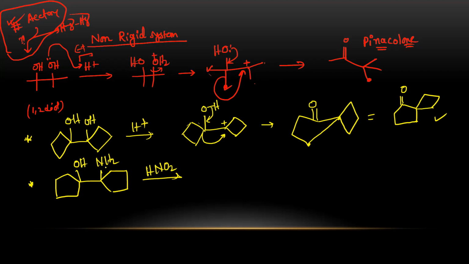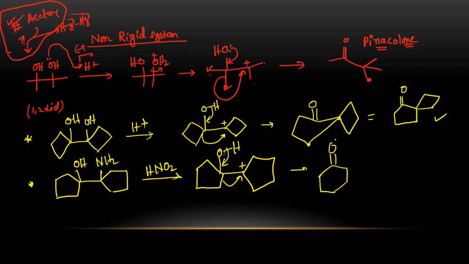After the diazotization, N2Cl, then N2 will get removed, and after that a carbocation will be formed. Plus OH. Similarly, this bond will migrate like this. Now this segment will form a 6-member ring, double bond O, and here we will have one 5-member ring. Very simple.